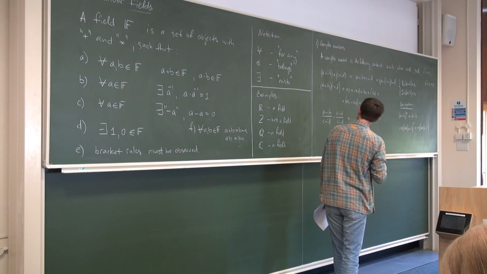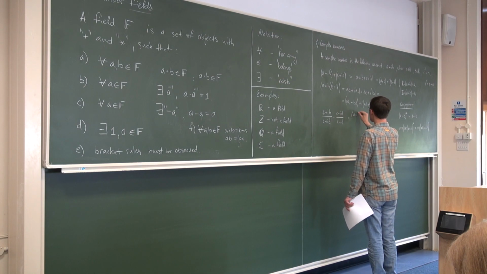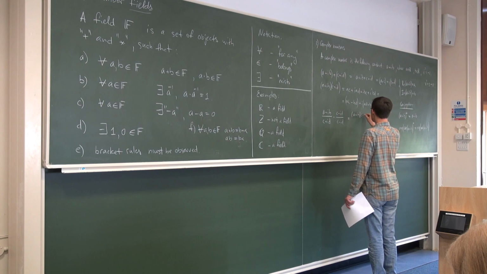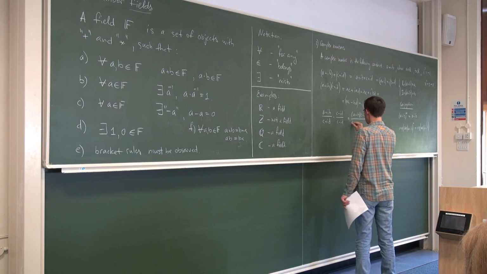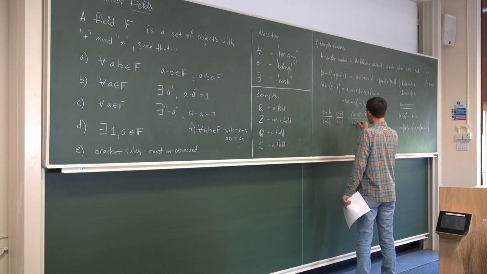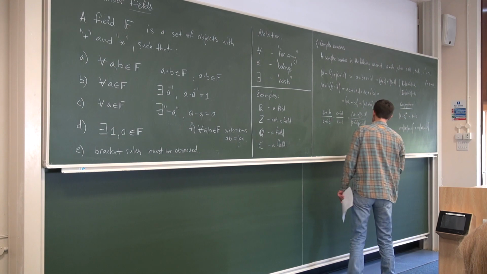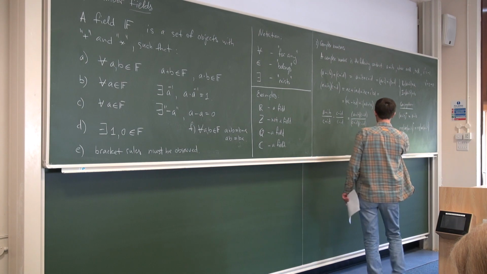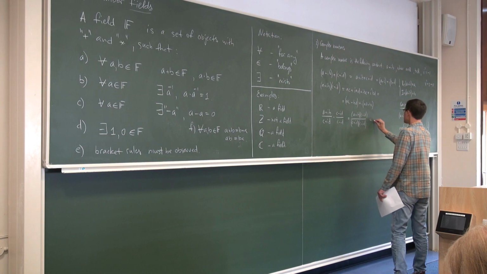So, something complicated appears in the numerator, so that's (A plus iB)(C minus iD). And then in the denominator we have (C plus iD)(C minus iD). Let's try simplifying it. Let's open the numerator.